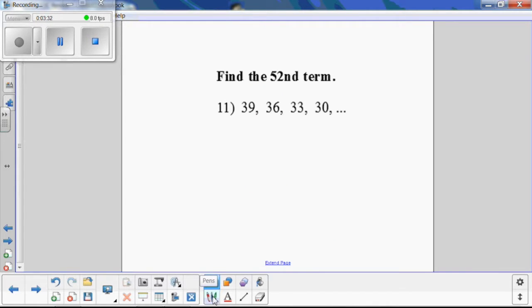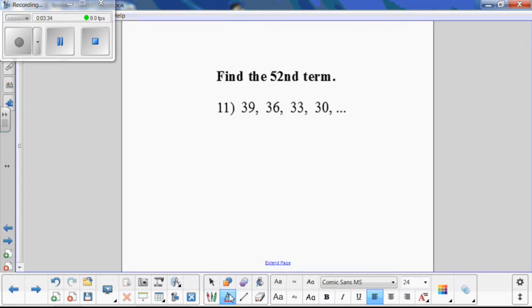The next thing we did was find a certain term of a sequence. In this case, we would write the explicit formula and substitute in the term number for n. So this sequence we are subtracting 3 each time. So it would be arithmetic. So we would use A, and instead of n, we would use 52. 39 is our A1.